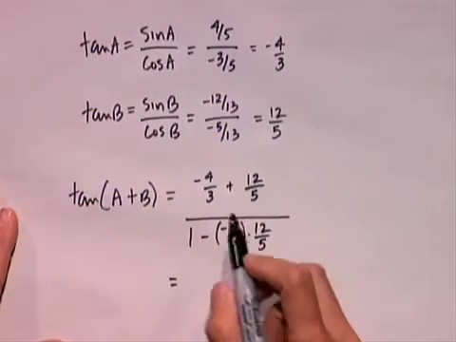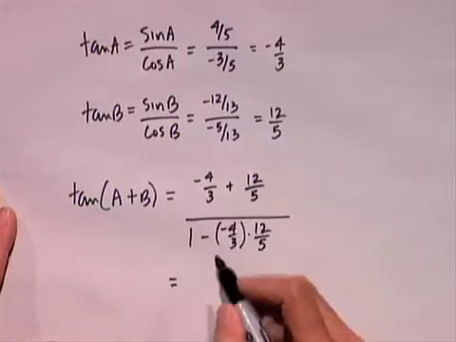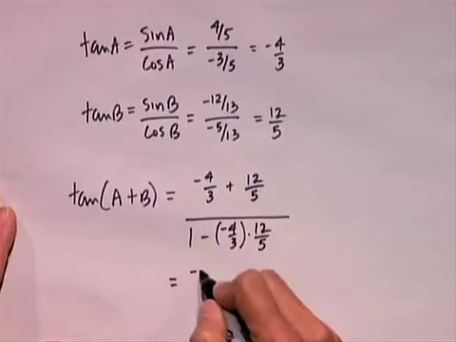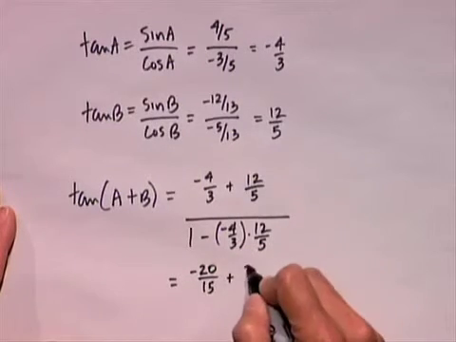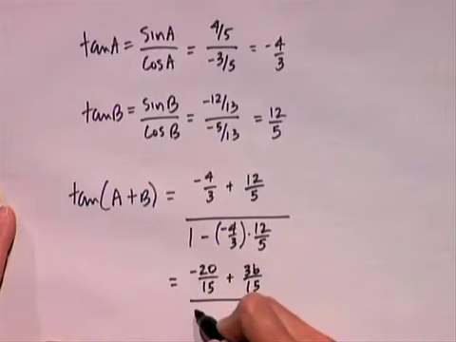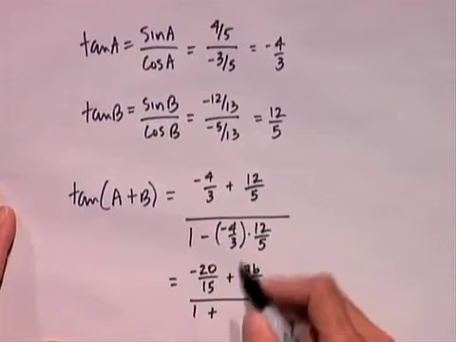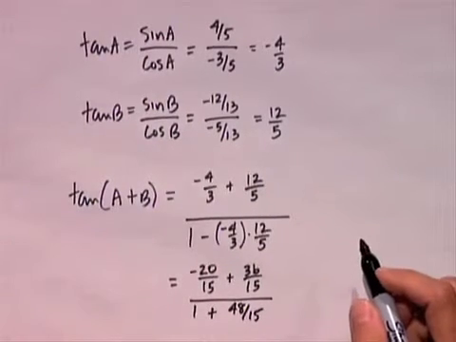Going to the numerator, to simplify the numerator, the common denominator is 15. This will be negative 20 over 15 plus 36 over 15. And the denominator will be 1 plus 48/15. To continue to simplify, I'm going to move to another sheet.